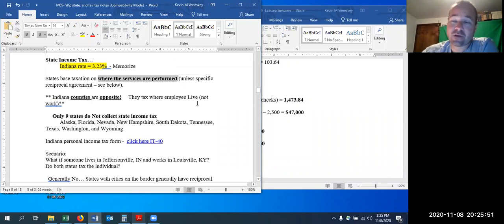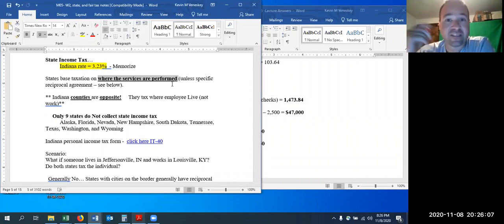And this really goes into those employees who travel around a lot and are in different locations for quite a bit of time. The ones that hit this the hardest, and we're going to see this in a little bit, is professional athletes. Professional athletes that go around and play in 15 different states could potentially file 15 different state income tax returns, just because you owe taxes in the state that you earn the money.